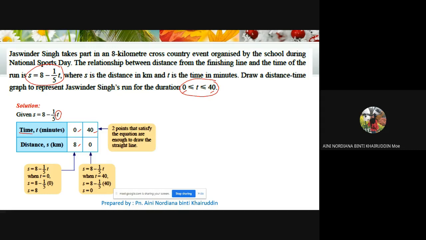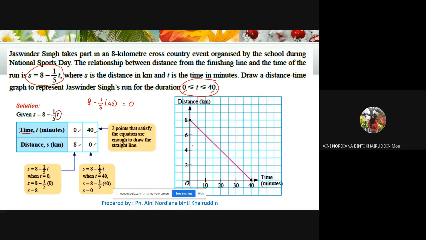Bila masuk 40, 8 minus 1/5 40, you akan dapat 0. Macam tu. Lepas tu, plot point. Ini adalah 0,8. Yang ni 40,0. Dua point cukup dan garis.